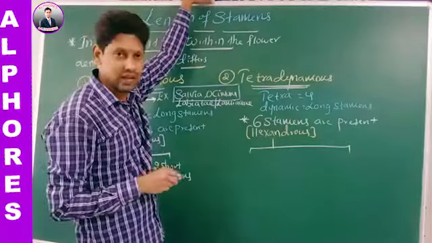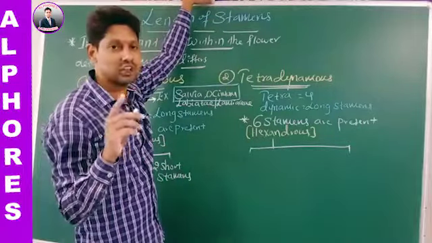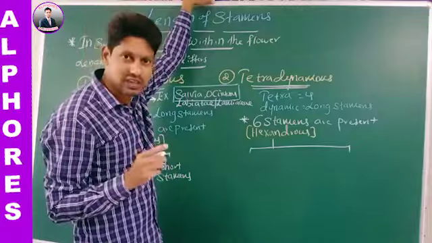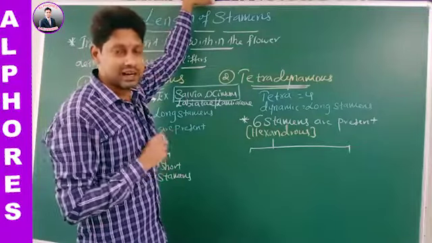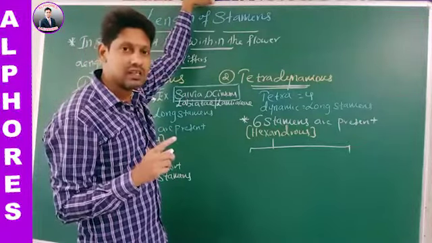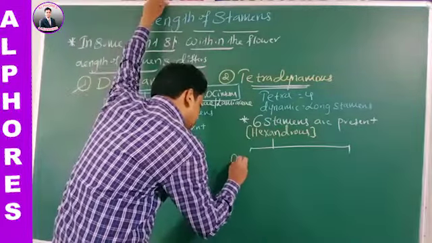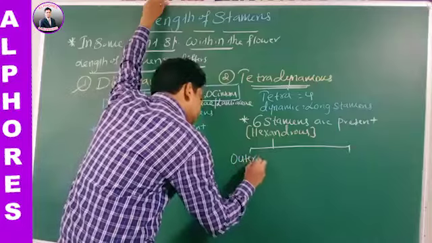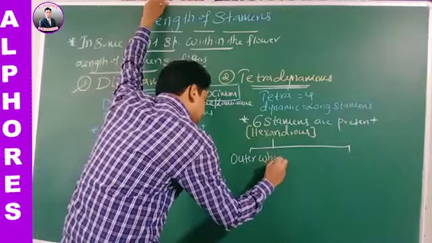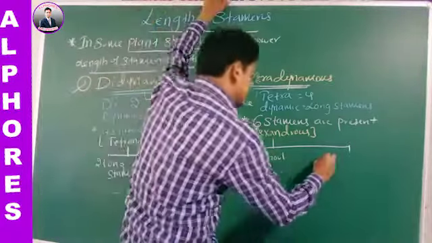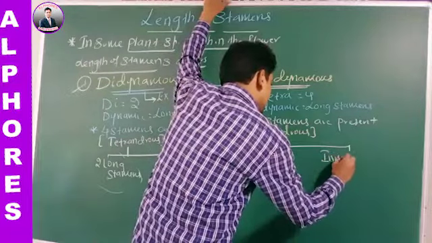In these 6 stamens, the outer 2 stamens are short, whereas the inner 4 stamens are long. Therefore, there is an outer whorl as well as an inner whorl.